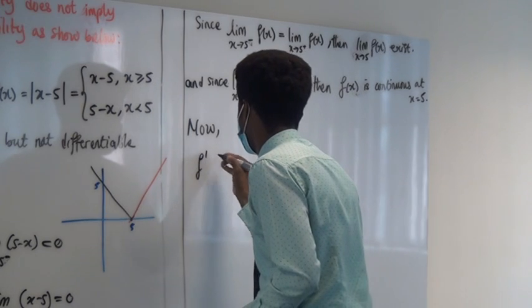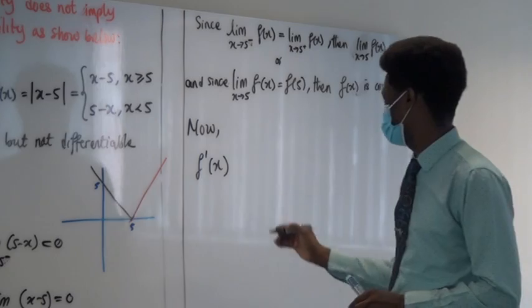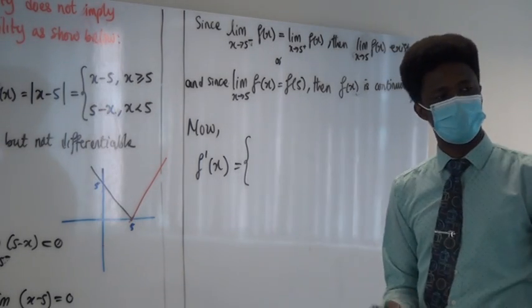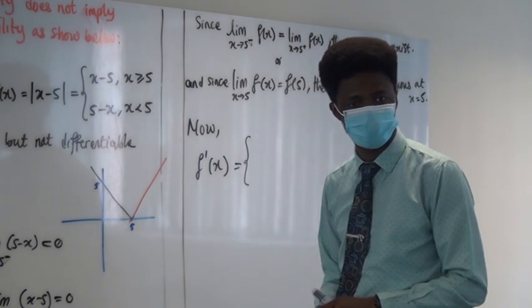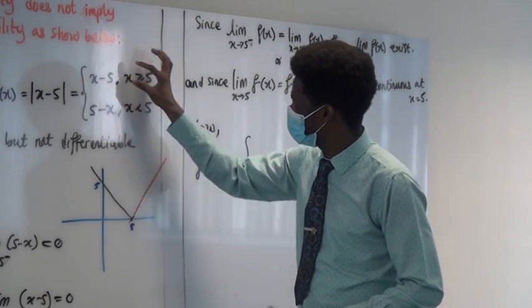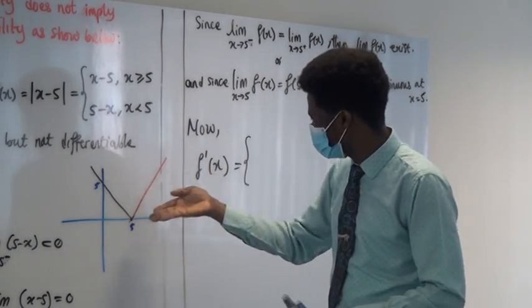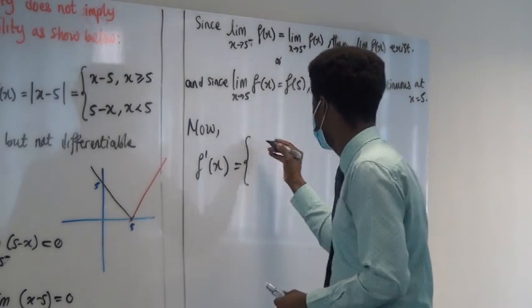Now, f prime at any x value will also be in 2 parts. When we learn differentiation, you don't have to go through this. But right now, just look at it from the graph. For this interval, what is the gradient of this line? 1.